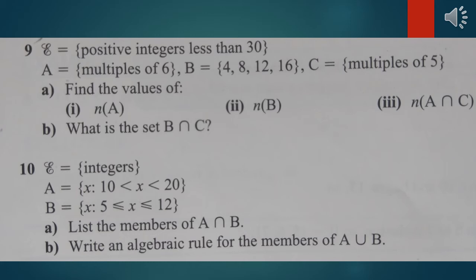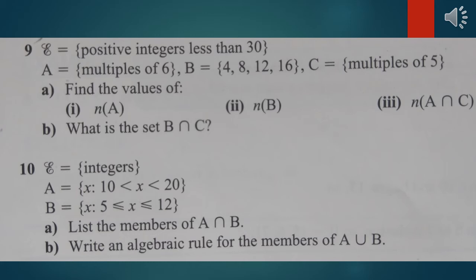B: X is an integer, greater than or equal to 5, so you include 5, and less than or equal to 12, so you include 12. So the elements are 5, 6, 7, 8, 9, 10, 11, 12.